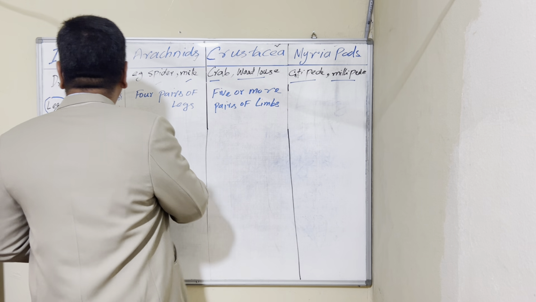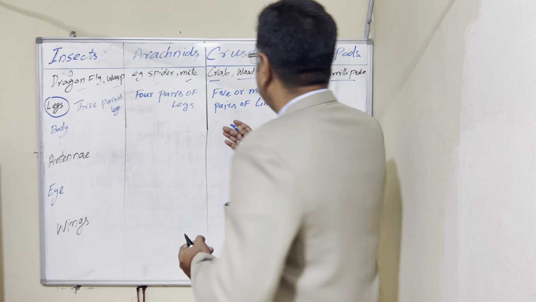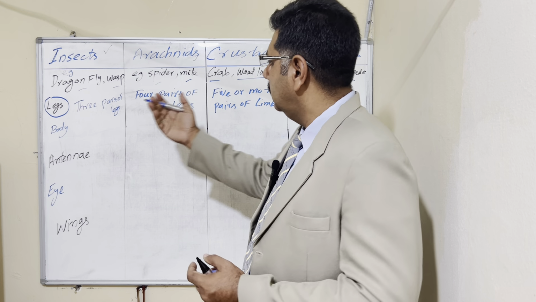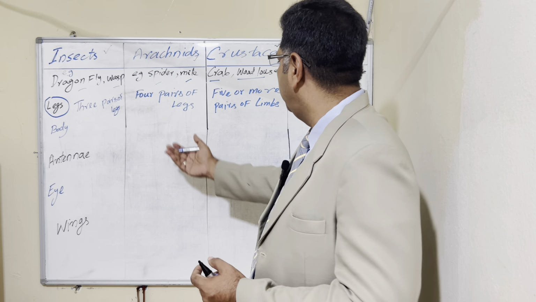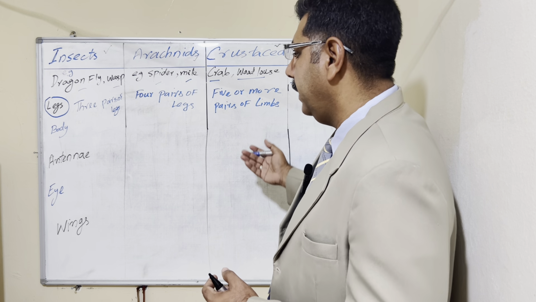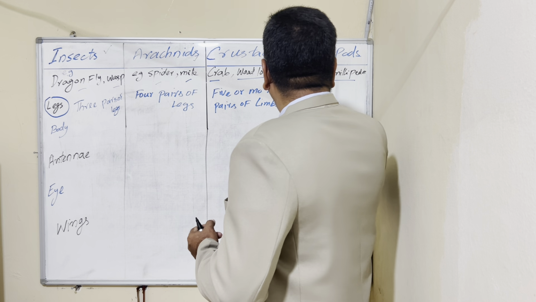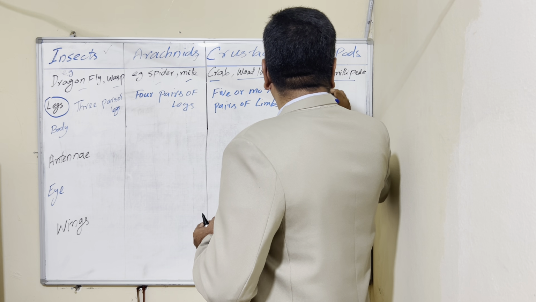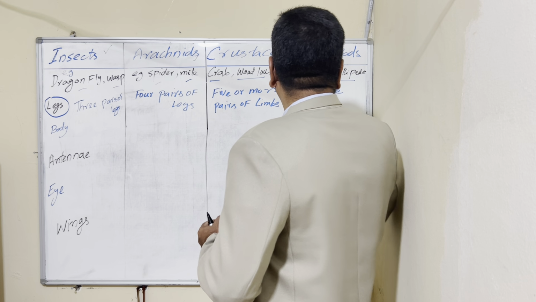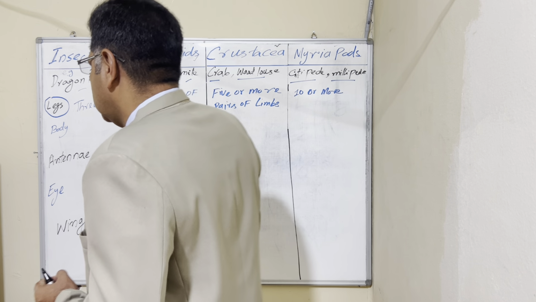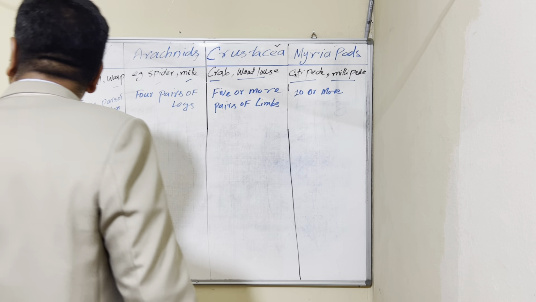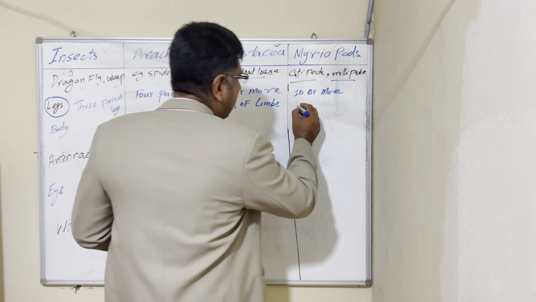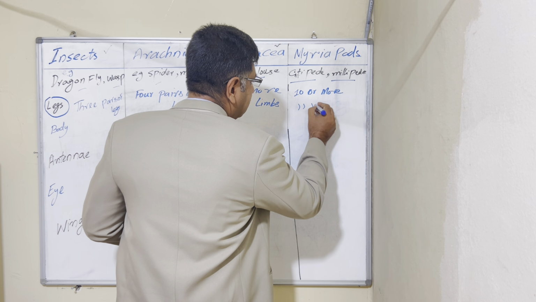So here we have three pairs, four pairs, five or more pairs, and here we have ten or more pairs of legs, usually one pair per segment, as they are segmented animals.